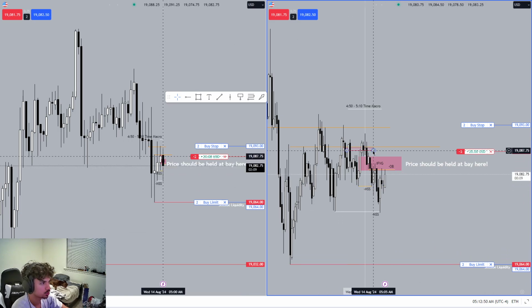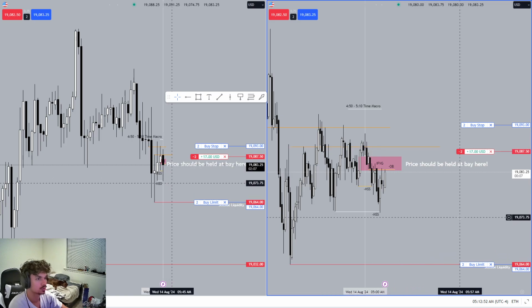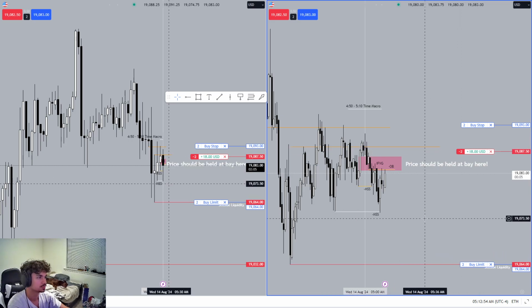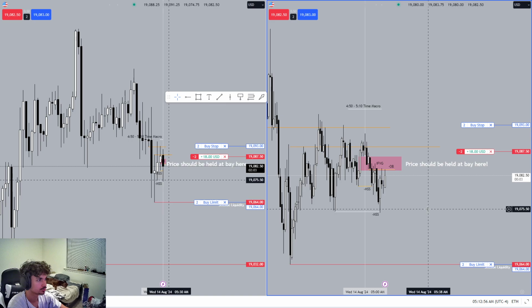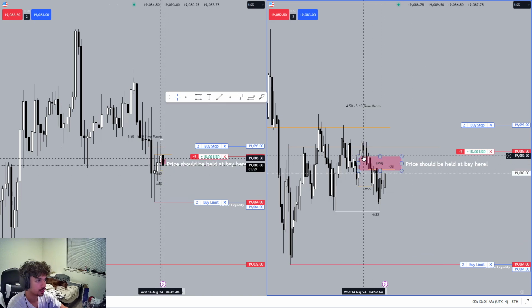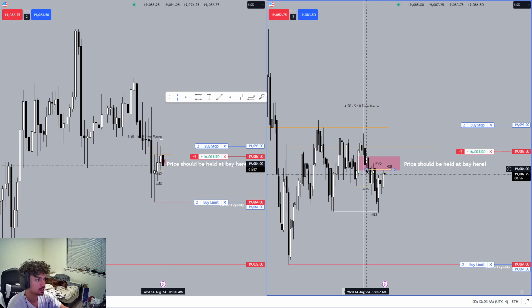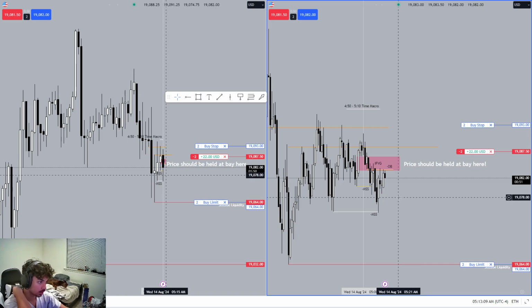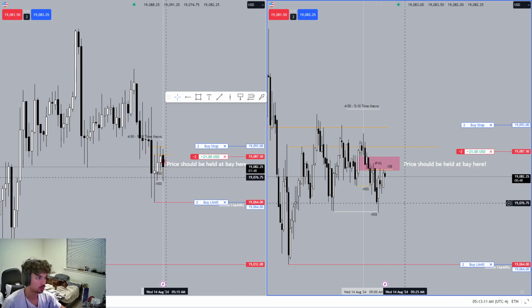Get rid of some of this noise up here. Our inversion fair value gap right here, plus this down close or up close candle with consecutive down close candles after, it's an order block. It is doing a tremendous job of keeping price at bay right here.